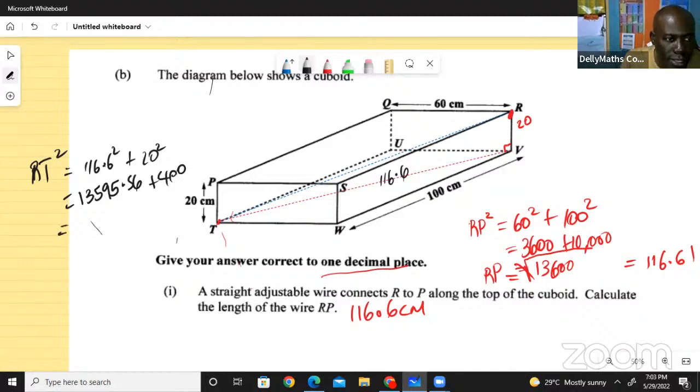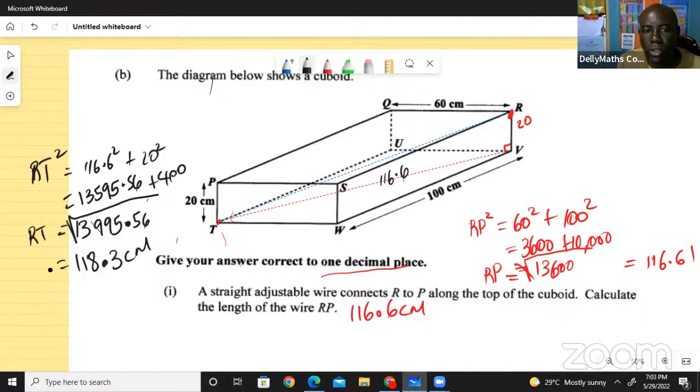All right, so this is 13,995.56. Let me fix that. And then RT is going to be the square root of that, which is 118.3 to 1 dp.